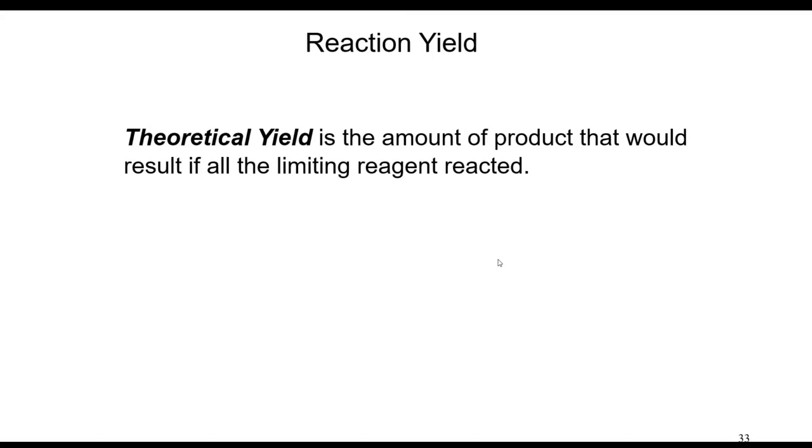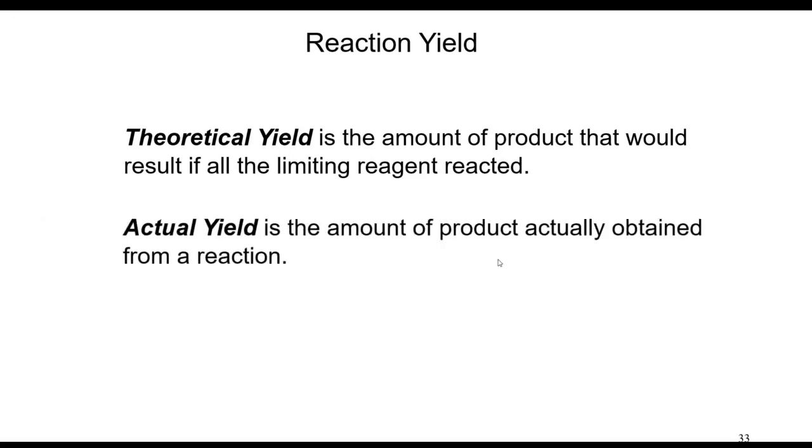Now, the second type is actual yield. Boys, when you prepare something in a laboratory, after your experiment, that amount which is obtained in the chemistry lab after the reaction is known as actual yield. First you calculate on the paper, and after that you go to the lab and perform the reaction.